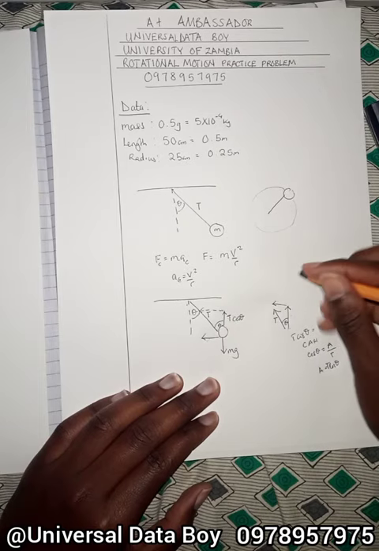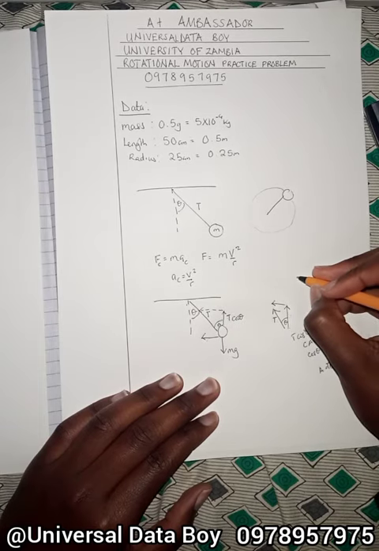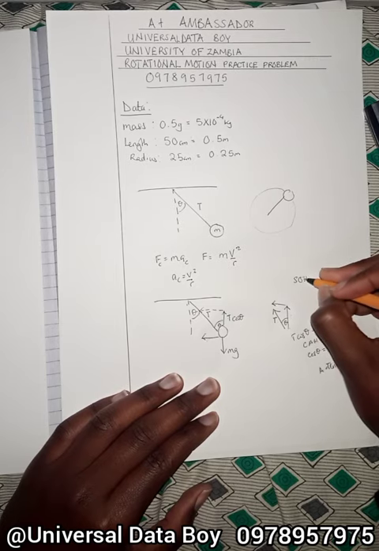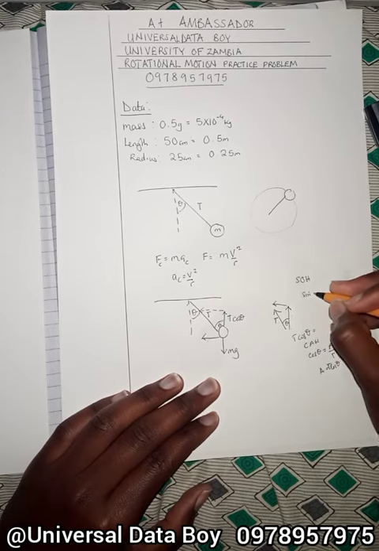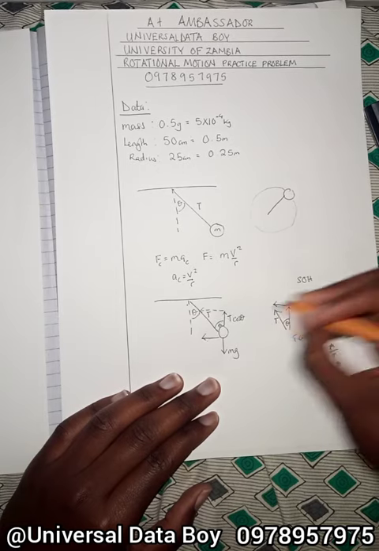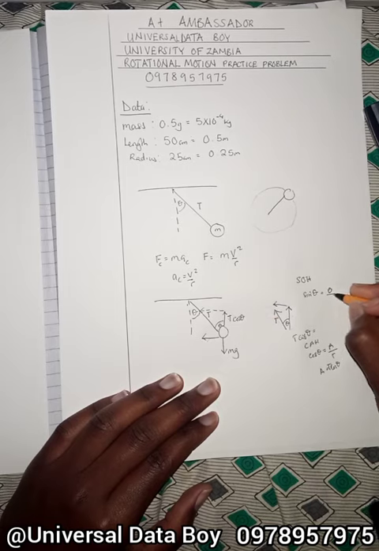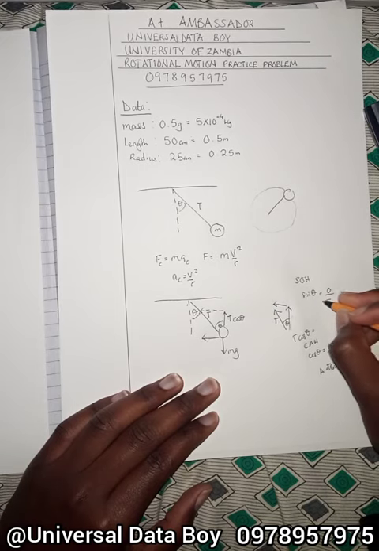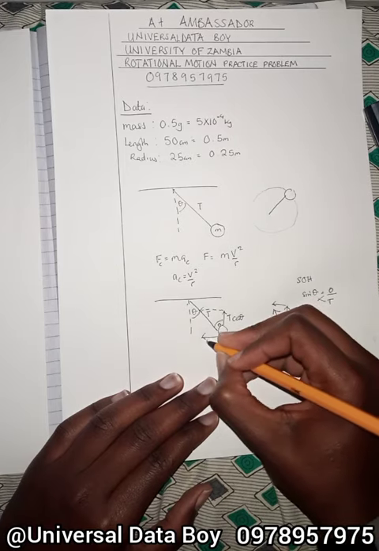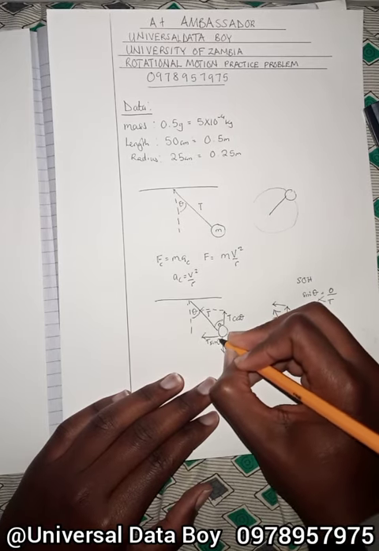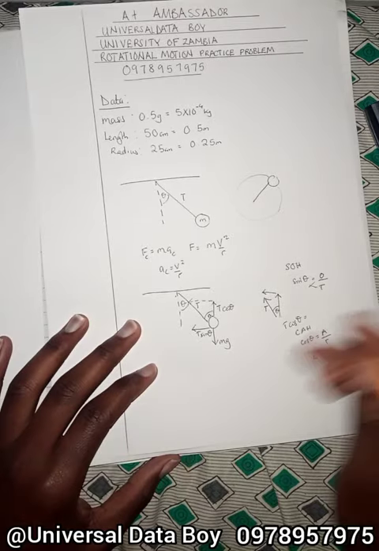We can go down, from SOH CAH TOA we have sine theta is equal to the opposite, which is what we are looking for, over the hypotenuse, which is t. When you cross multiply, we'll be having the opposite being equal to t sine theta.